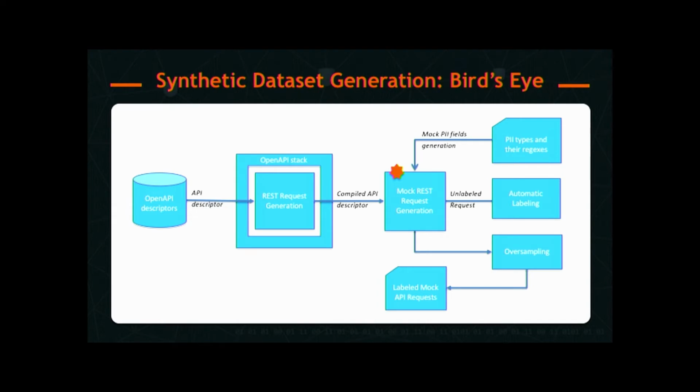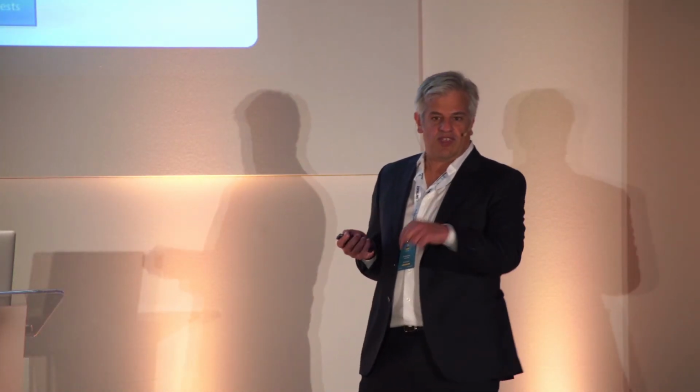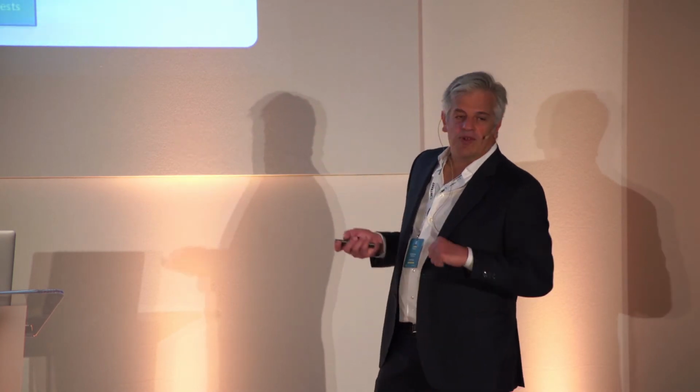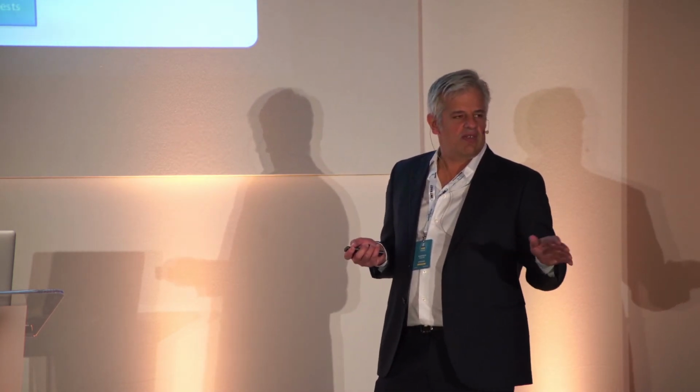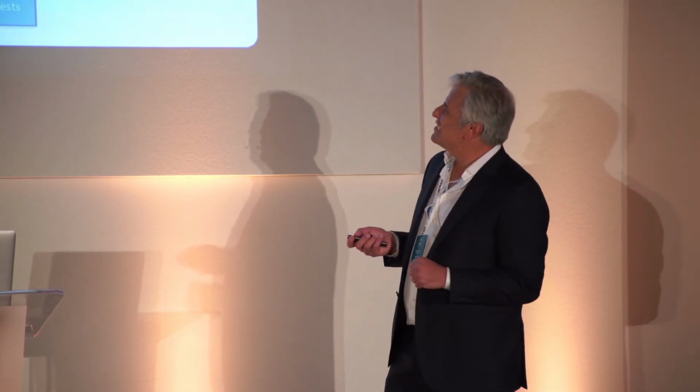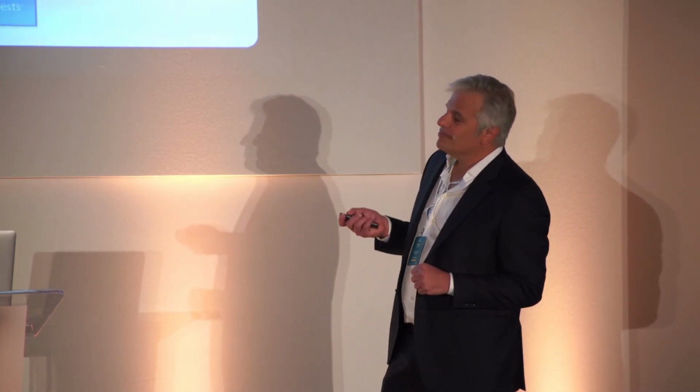So instead of sending the message throughout the wire, we can tap into the request generation process and just say, okay, we're not going to send it. We're just going to save it, okay?